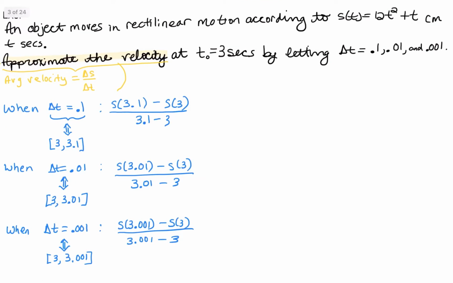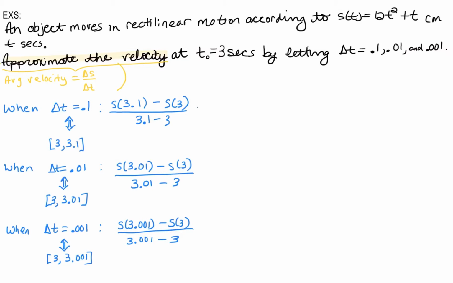All right, so I did not mean to erase that whole thing. I was just going to clean up that little piece here. All right, so my first was change in t being 1/10 of a second.